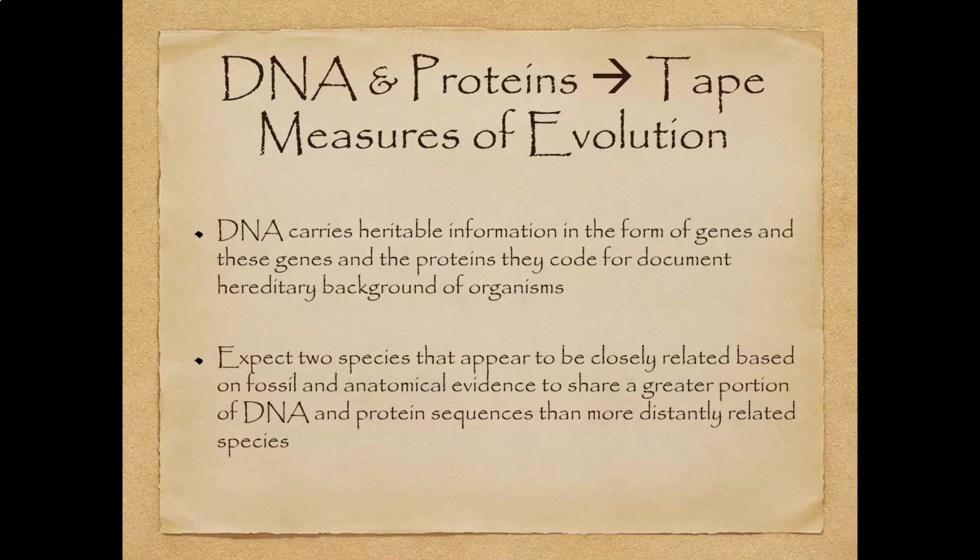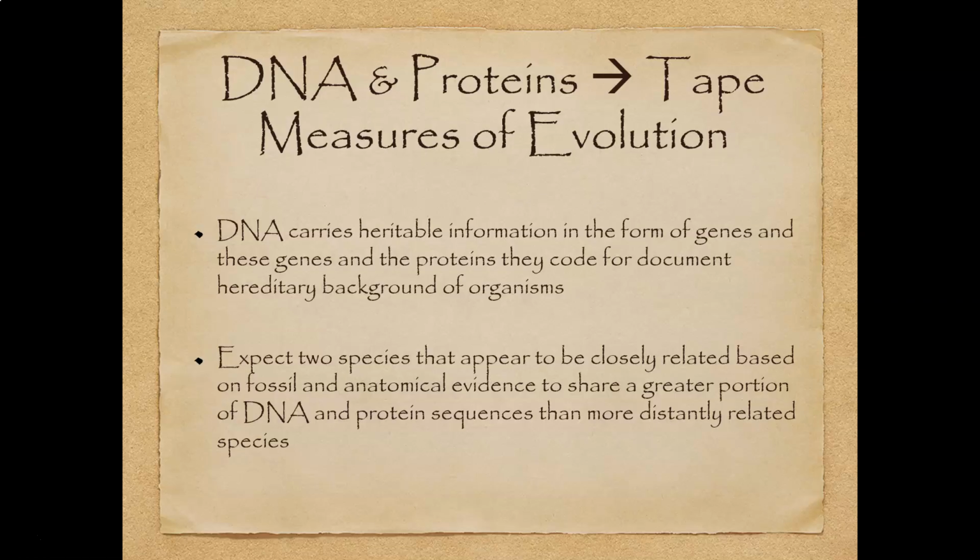The more differences that we see in the DNA or in the proteins, in the way that they're sequenced and put together, can give us some indication of how much time has passed since they diverged from each other.